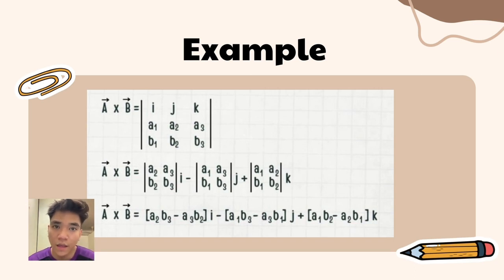You get the determinant of A2 A3 B2 B3 times i, minus A1 A3 B1 B3 times j, plus A1 A2 B1 B2 times k, and then you cross multiply, you will get A2 times B3 minus A3 times B2 i, minus A1 times B3 minus A3 times B1 j, plus A1 times B2 minus A2 times B1 k.